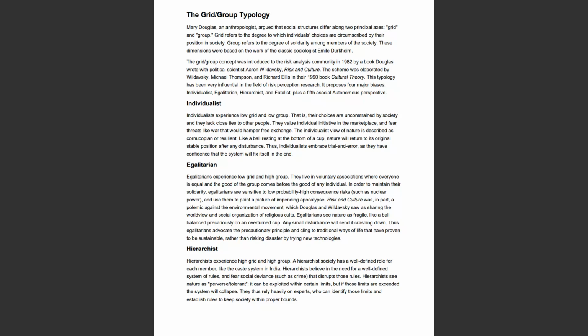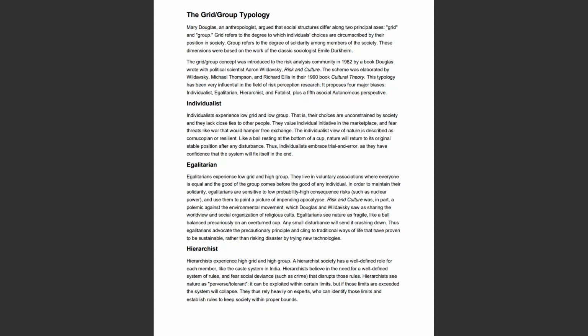And this idea did not even originate with Mary Douglas, who came up with this grid group typology, but rather came from work by another sociologist. You can read more about that here. But let's take a look at the three worldviews we're going to look at. Individualists are low on grid.